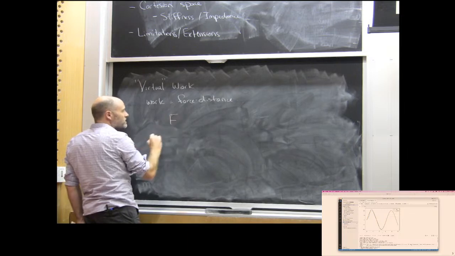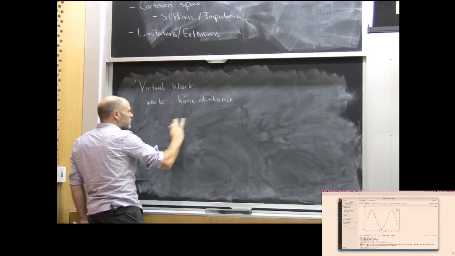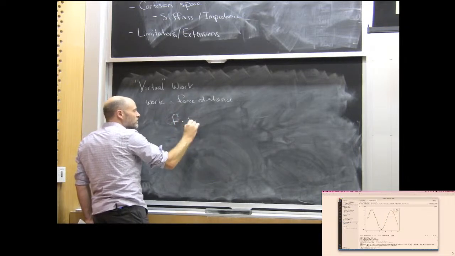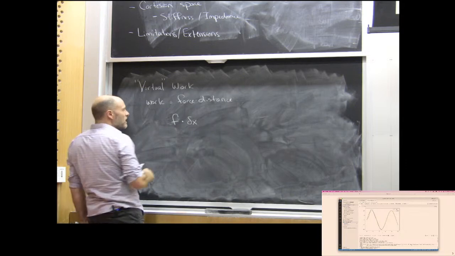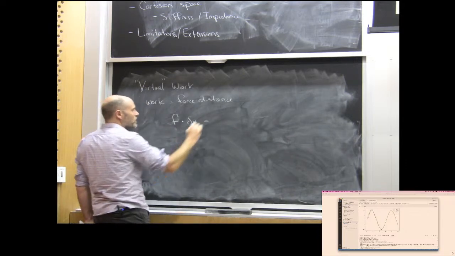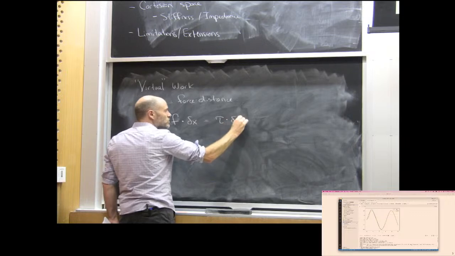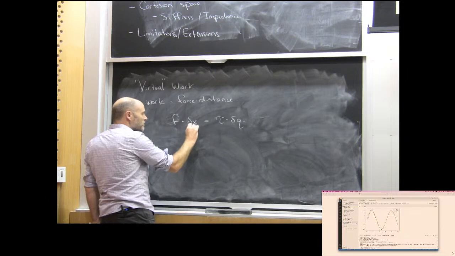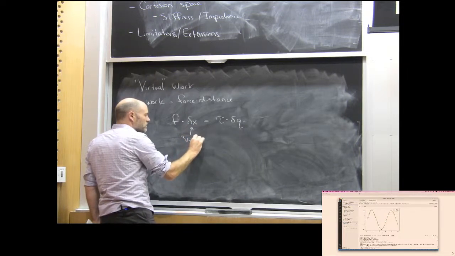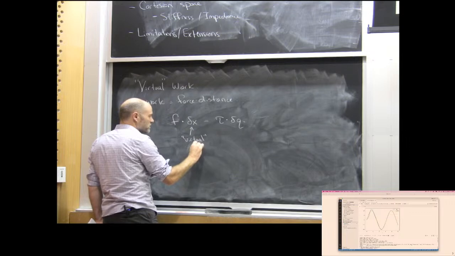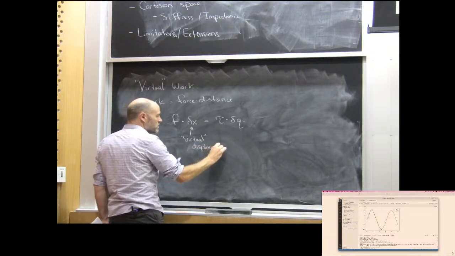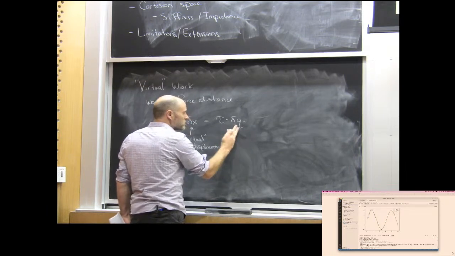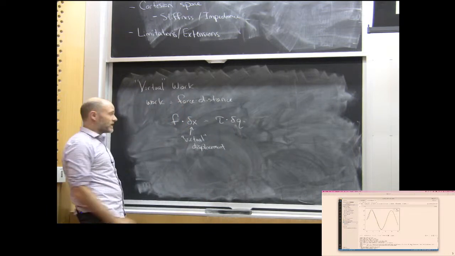So if I say the force, let me use my correct small f, dotted with some delta change in x, must equal the torque dotted with some virtual change in q. So this is a virtual displacement in x. This is a virtual displacement in joint. Okay, this delta notation. And that's a dot product.